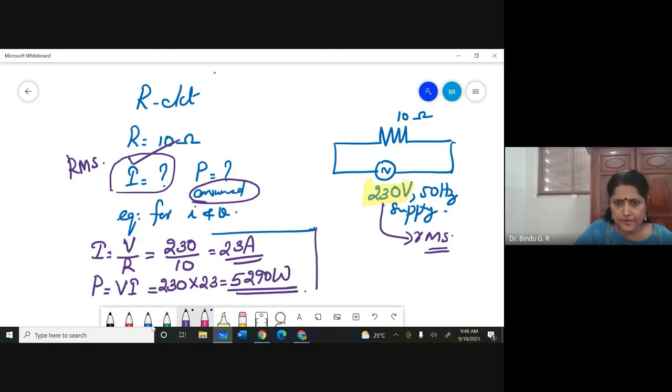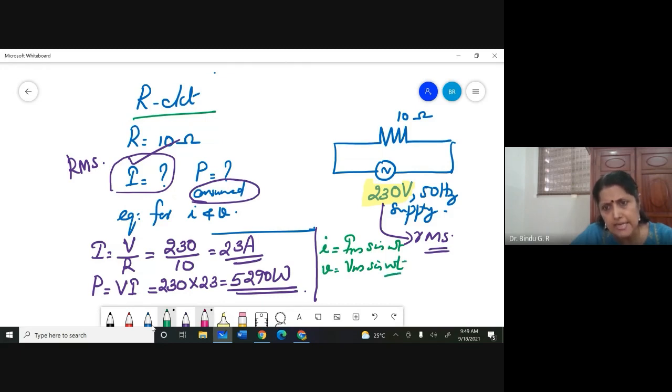Now you are asked to find out the equation for I and equation for V in a purely resistive circuit, which means I is equal to Im sine omega t. V is equal to Vm sine omega t itself because they are in phase. If I put VR as this and IR as the current passing through it, I know that VR and IR are in phase.